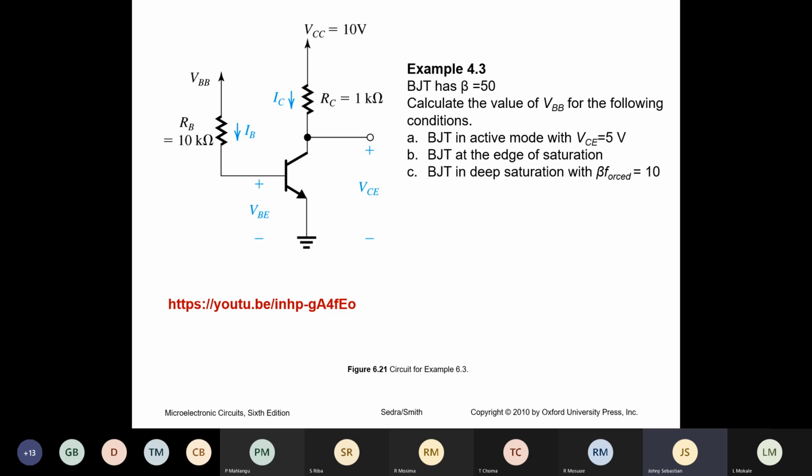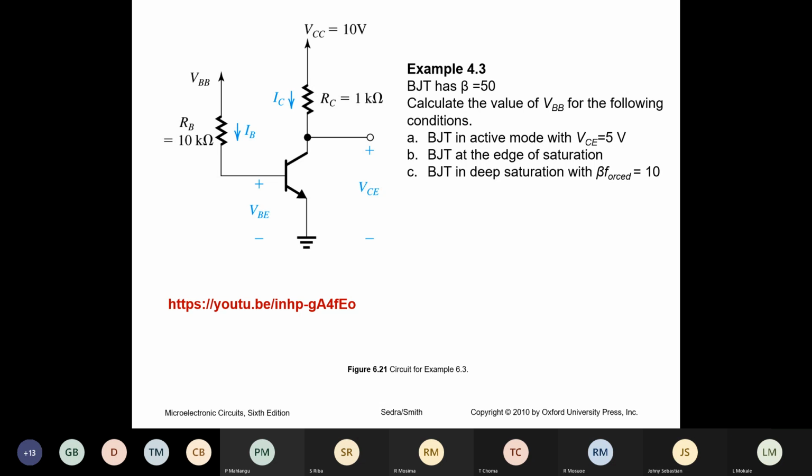What is the question? Calculate the value of VBB so that you get 5 volt here. How do you work out VBB? Let us write a KVL, Kirchhoff's voltage law expression for VBB. Start from 0. This is the loop that we are doing.